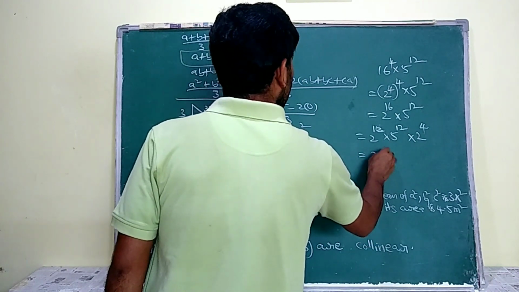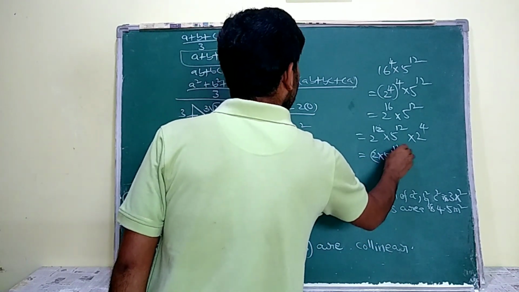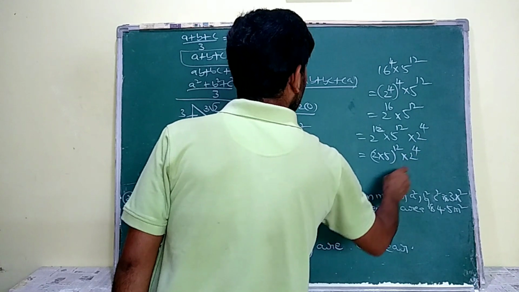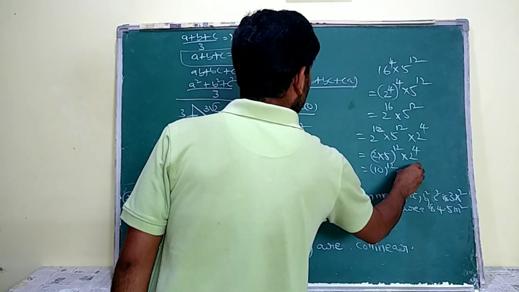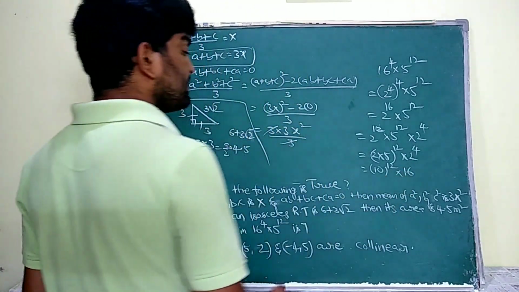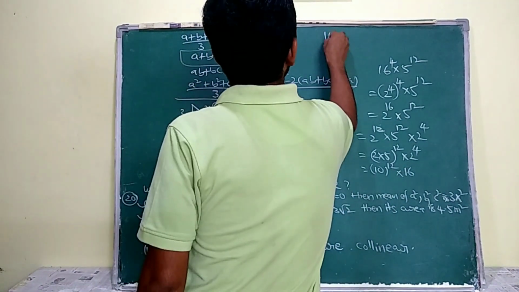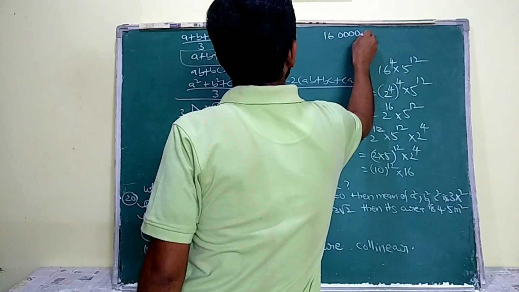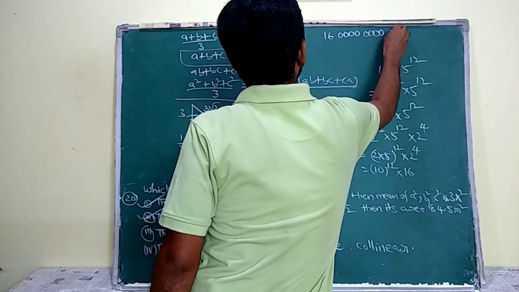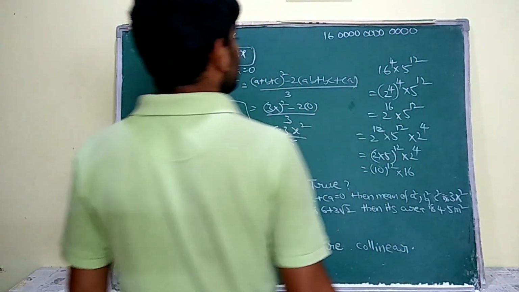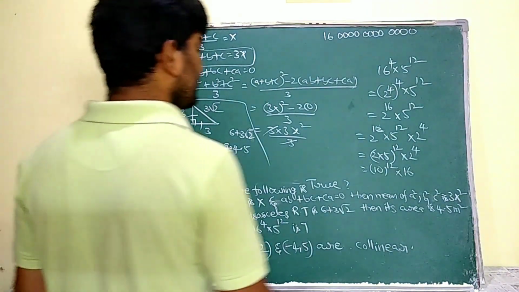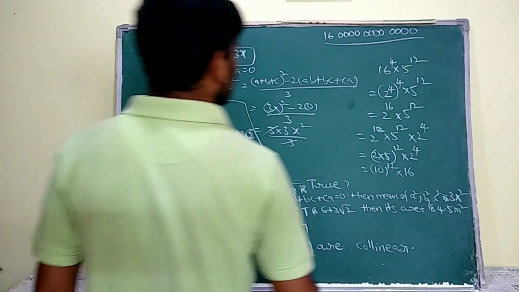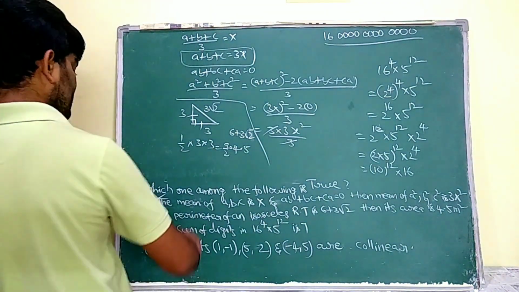Because (2 into 5) whole power of 12 is into 2 power of 4. So it is 10 to the power of 12 into 16. That means 16 besides 12 zeros. So its sum is 7. Yes, we are going to agree. The sum of the digits in this entire number is 7. So this is also true.